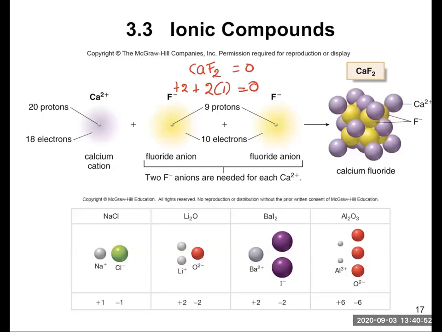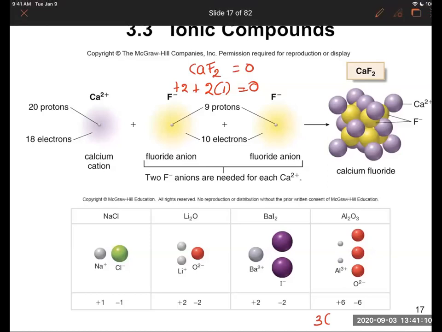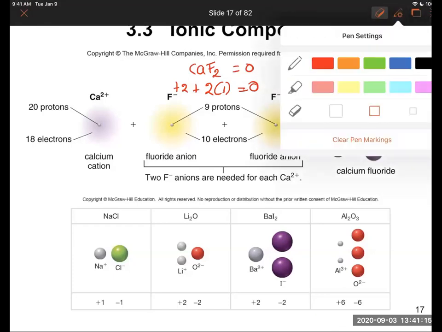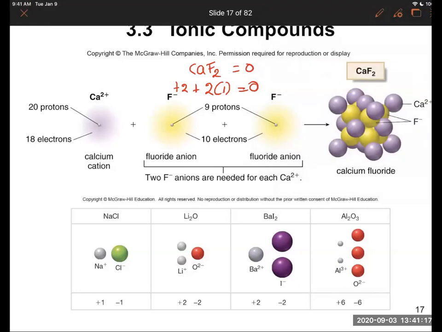Same thing here. Notice that if you have aluminum oxide, I'm going to show you how to find out the formula. In this case, you have 2 aluminums, and the charge of aluminum is 3, because it's always going to be +3.